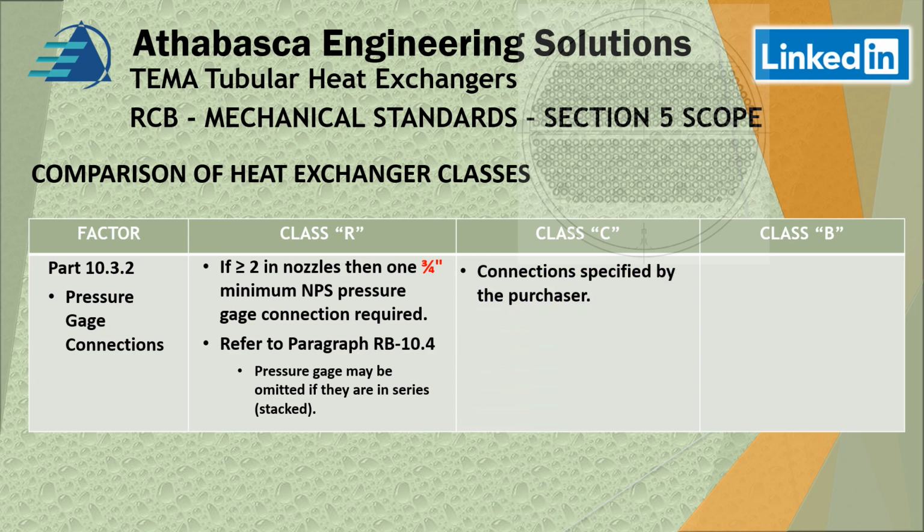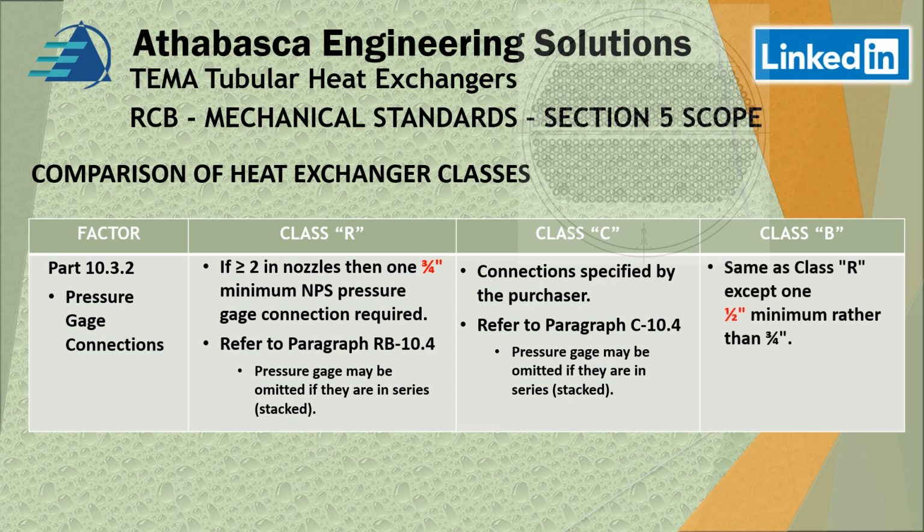And Class C just says connection specified by the purchaser, so it doesn't get into that. But it refers to paragraph 10.4, which is the part on stacked units or units in series. And they're saying you could omit the pressure gauge requirement altogether.